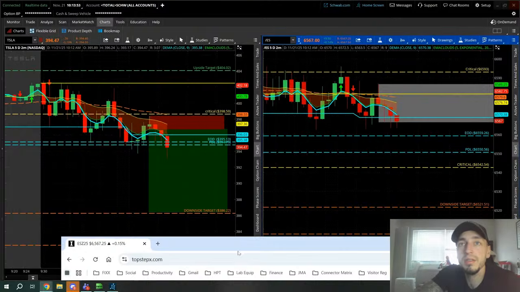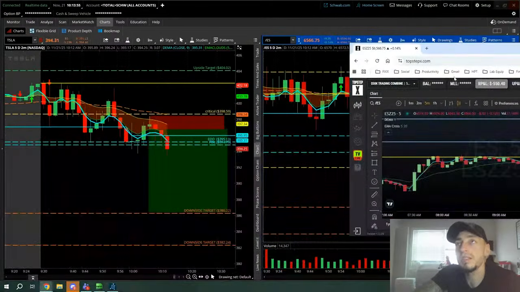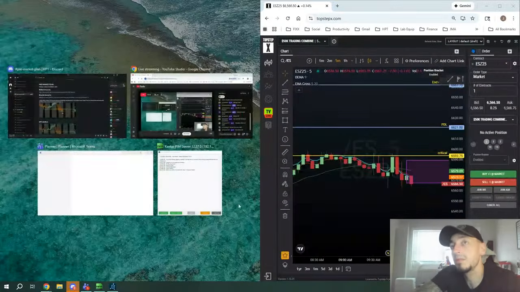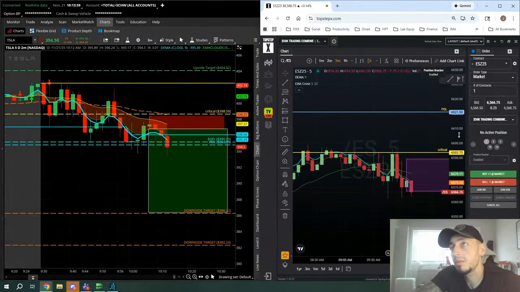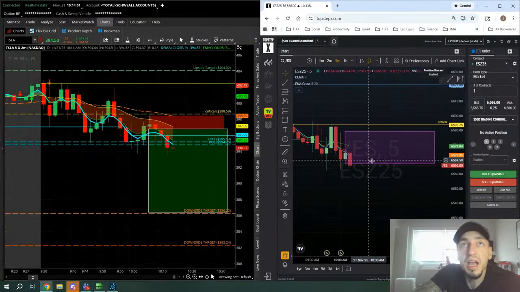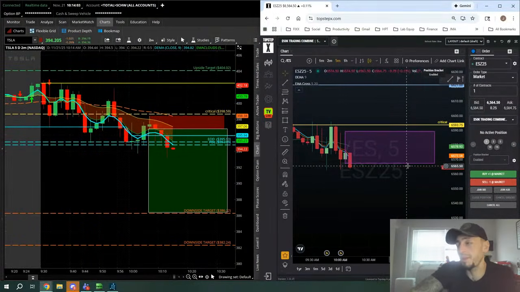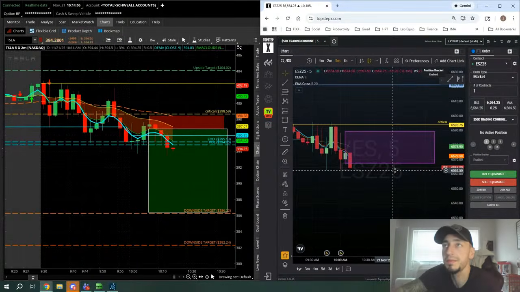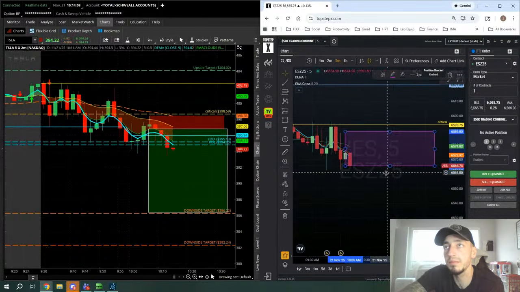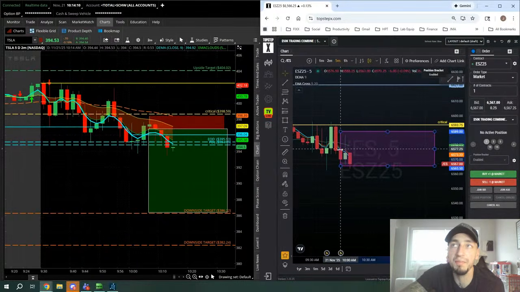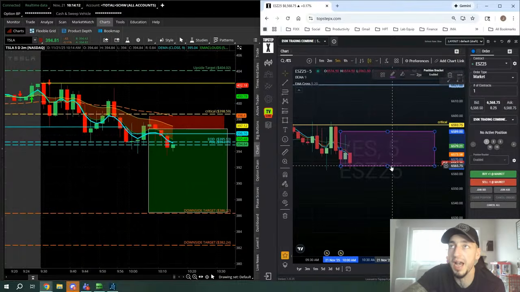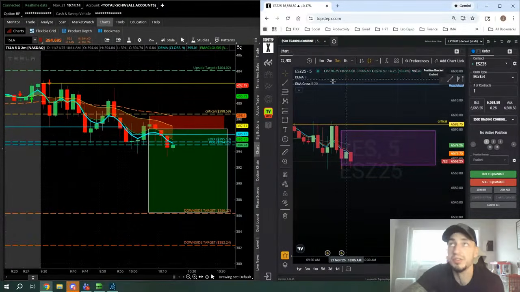Stay patient. Stay patient and see. I like this on ES, and maybe we'll get a better entry or something. We at least now have more of the story, right? We got the GBI, so now we better understand the sellers are in control.